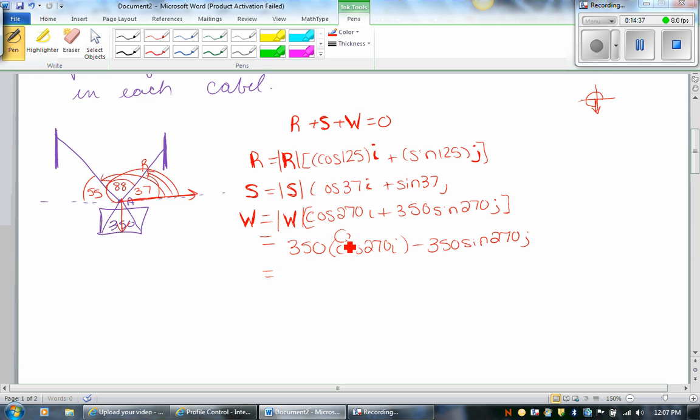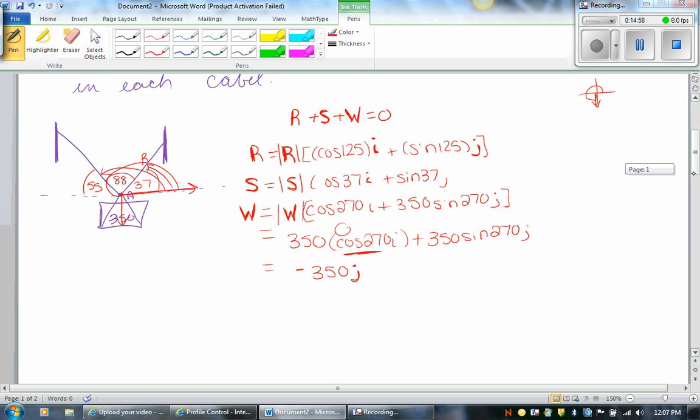This whole i piece becomes 0 because of this piece here. And I wind up with negative 350 sine 270, which is negative 1. That's where I'm getting my negative from. So negative 350 j.